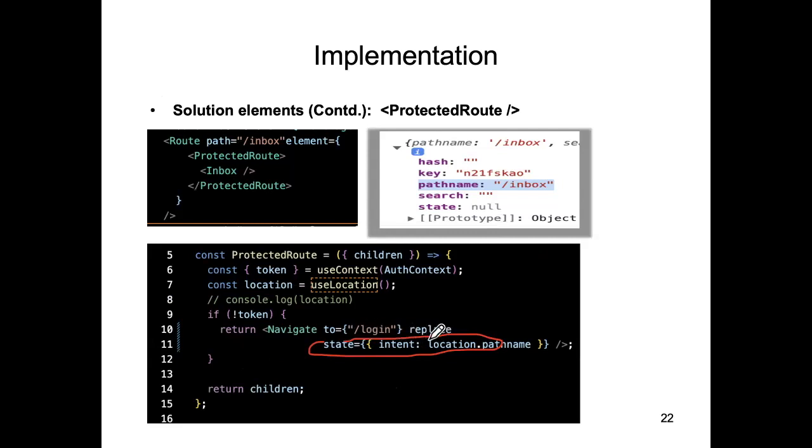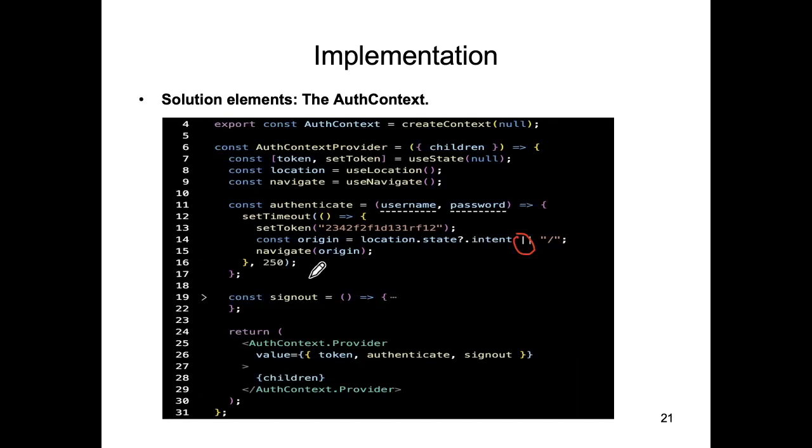Here I'm setting up state.intent, so that when eventually the protected root component and its authenticate function executes, it can actually pick up that value. In other words, it can find out where the user was trying to go before they were forced to log in.